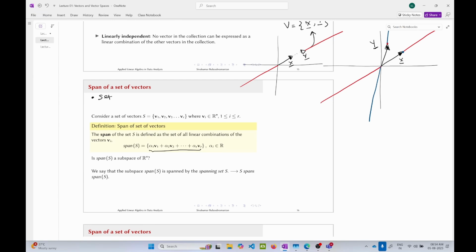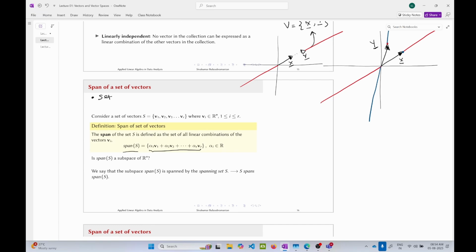But if I change the values of alpha 1 to alpha r, I'll produce another vector. Now, this set is all vectors that I can produce by simply choosing all possible combinations of alpha 1 to alpha r, which is essentially the span of a set of vectors. That's what I've written here. The span of S, where S is the original set that you started with, is simply all possible linear combinations of elements of this original set S.